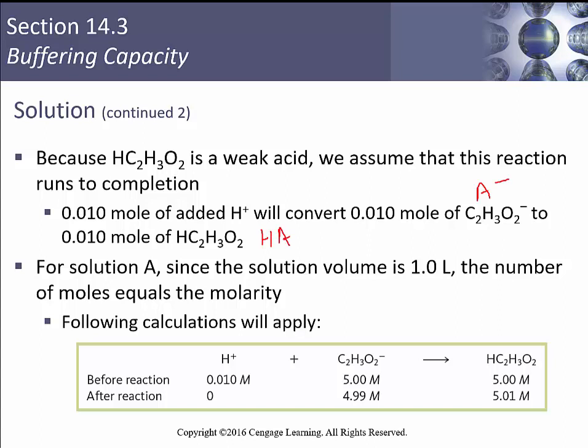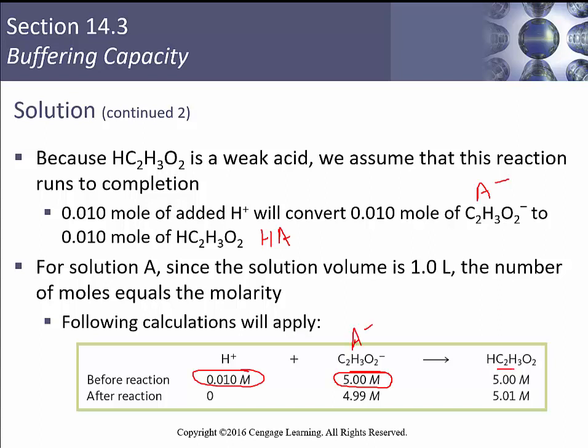For solution A, since the volume is 1 liter, the number of moles is going to equal the molarity. And the following calculations will apply. So before the reaction, we had 0.01 moles of H+. We had 0.5 molar acetate.